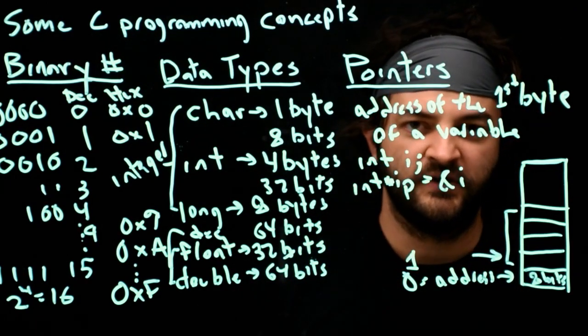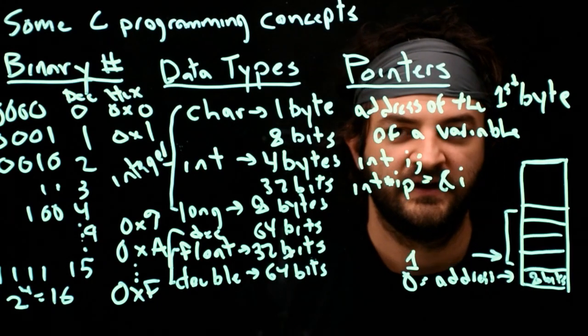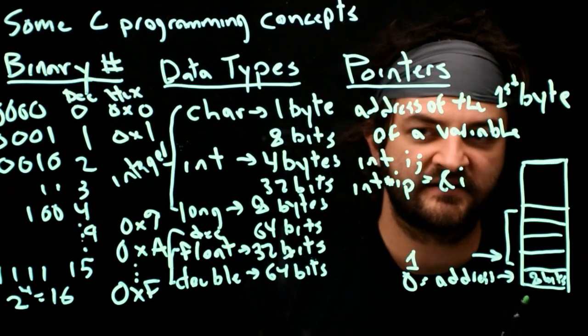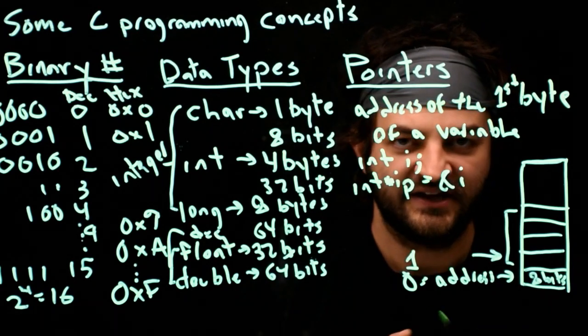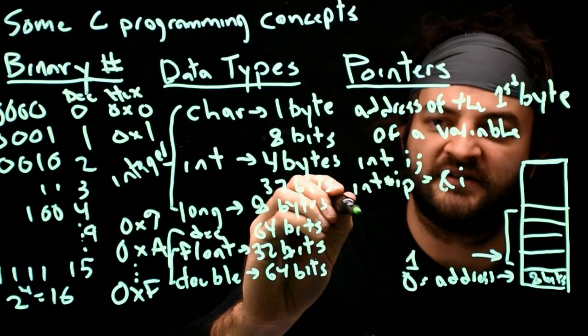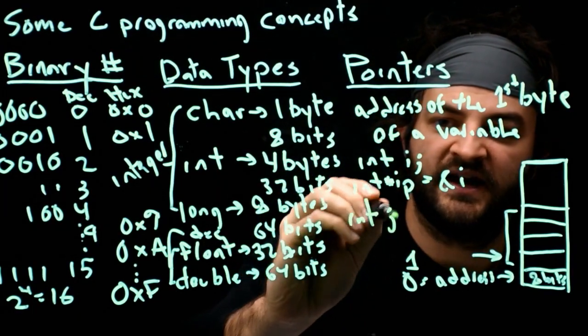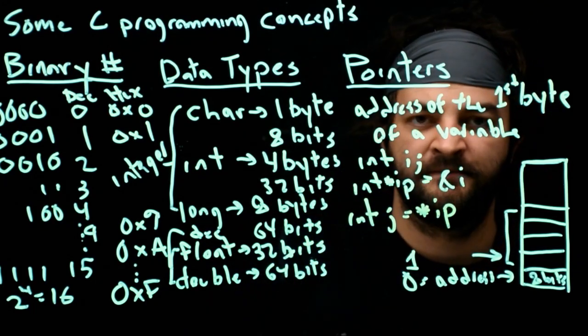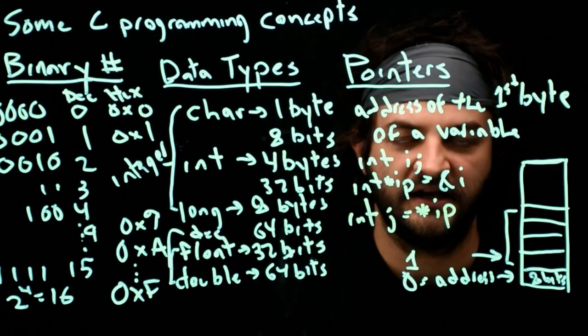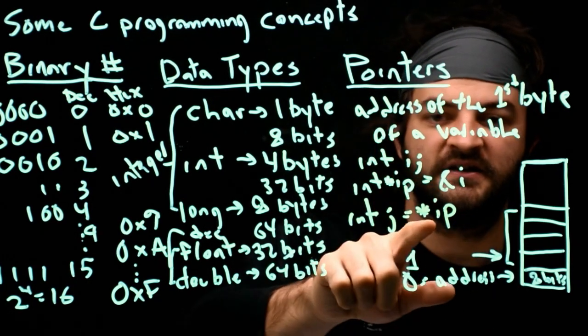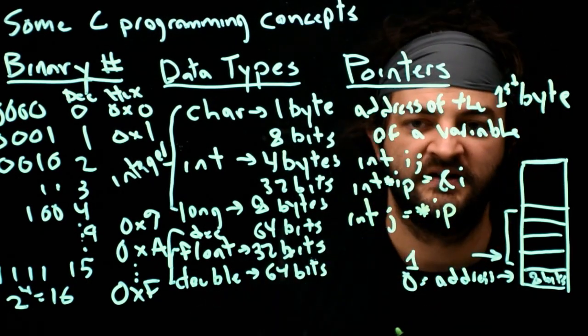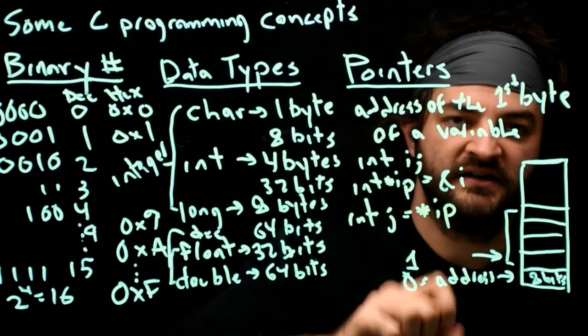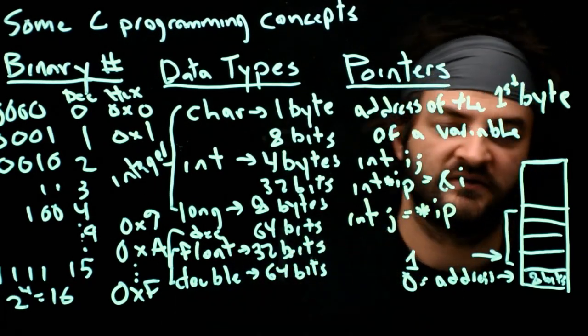If I wanted to know what is the value of the variable that's at the address ip, for instance I have int j, I could say int j equals star ip. The star character in front of the name of a pointer says, give me the value that is at that address. So saying int j is equal to i is the same thing as saying int j equals star ip.